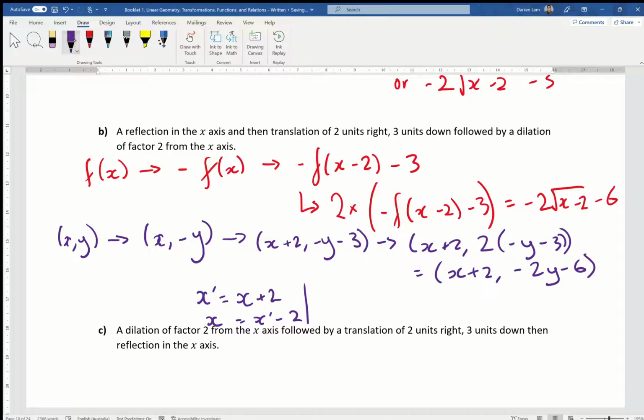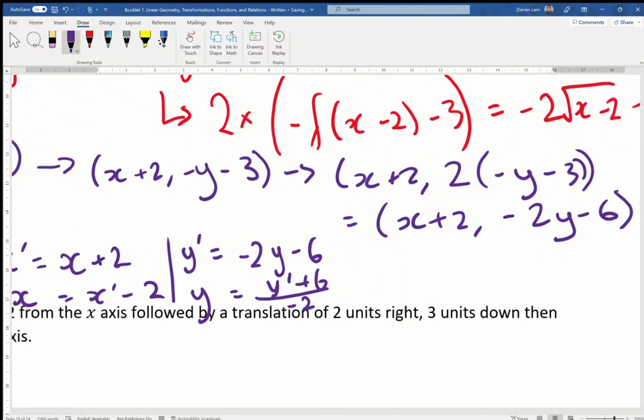Here, same thing, I'm going to do the same thing to the y ordinate. I know that y dash equals what I got, which is negative 2y minus 6, which rearranges to y equals, I'm going to write this a bit higher, here we go, y dash plus 6 over negative 2.